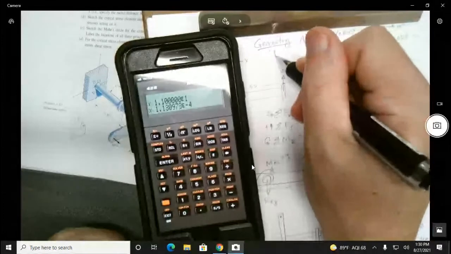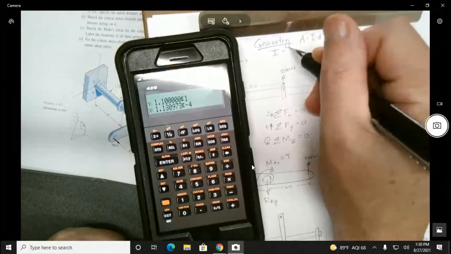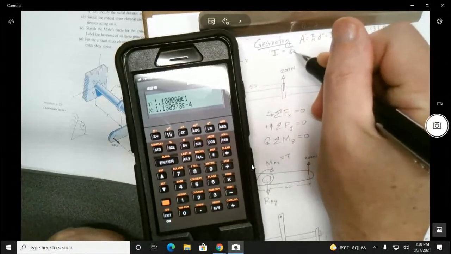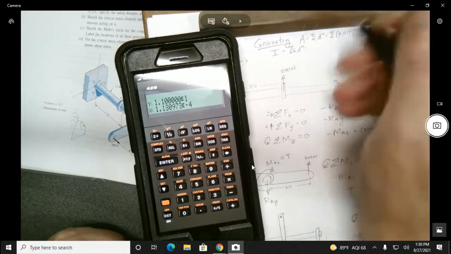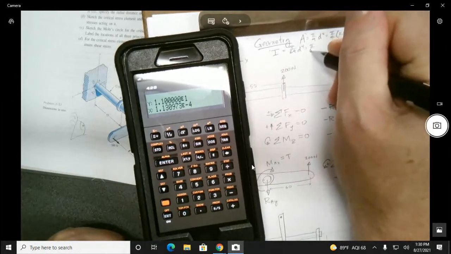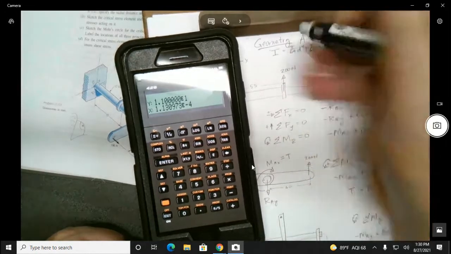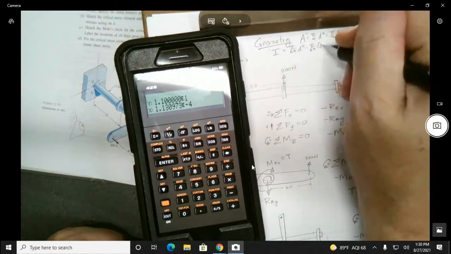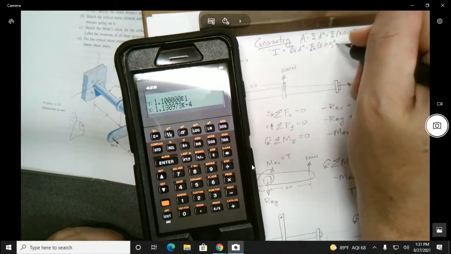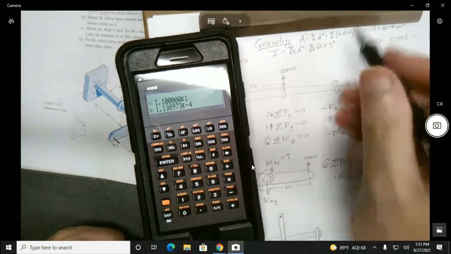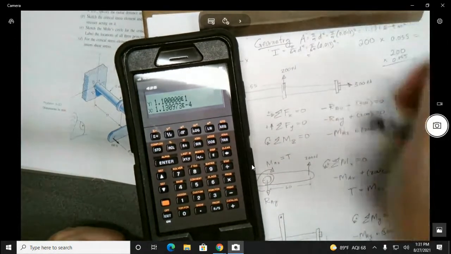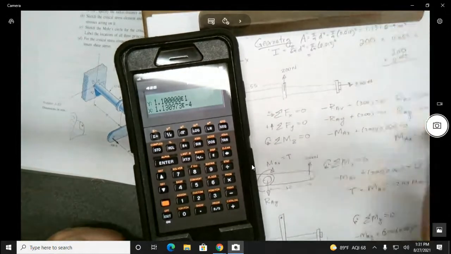I'm really squishing things in here. And then I get I is pi over 64. Good thing to remember, d fourthed. I just wrote it again, 0.012 to the fourth. I'll put it right there underneath it, because all that got messed up.